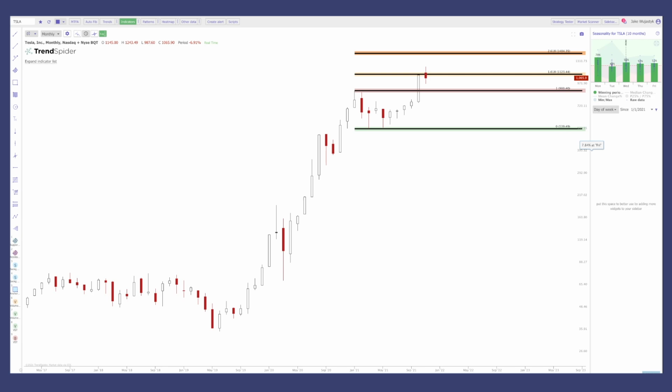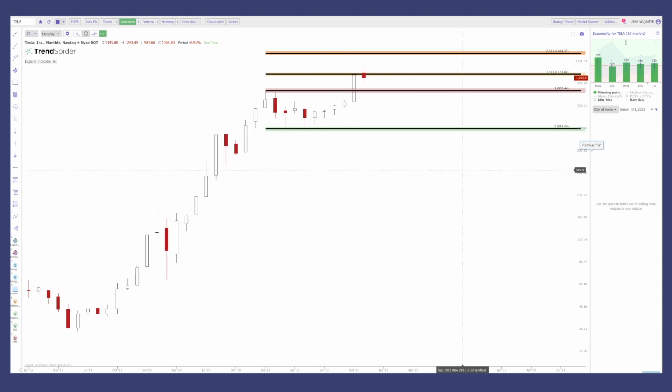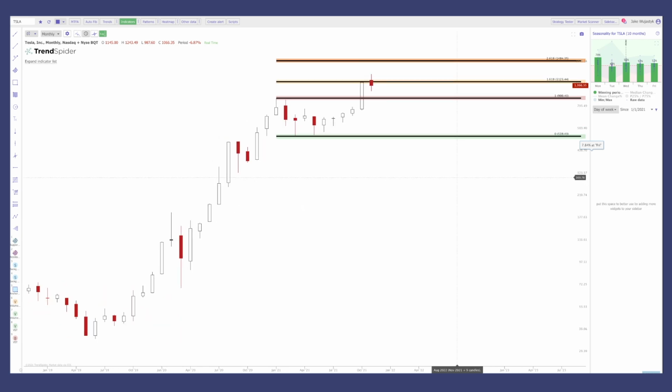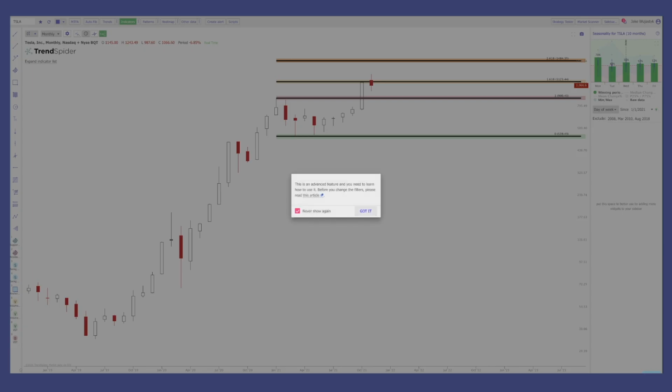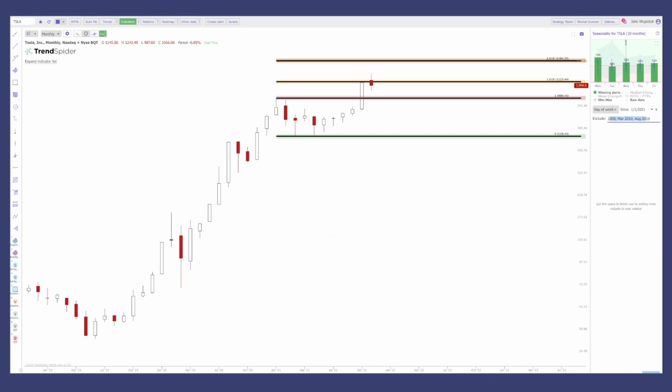Now, one thing that's really interesting is looking especially at election years, because election years have some interesting data points and some discrepancies if you're not looking at just election years. So if you do want to remove any data and exclude data points, maybe you want to exclude every election year, you can easily do that here.